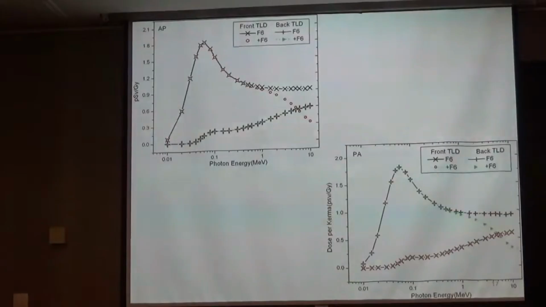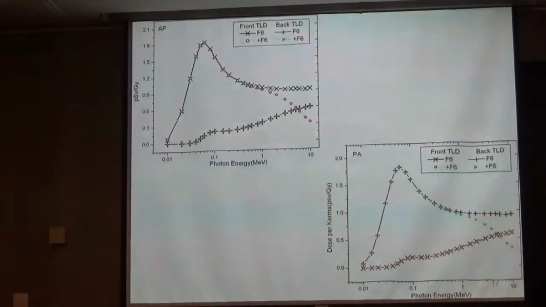If the phantom is irradiated from AP, for the back TLD, the body is placed in front of it, and also for the front TLD in PA. The front TLD in PA is the back TLD for AP.